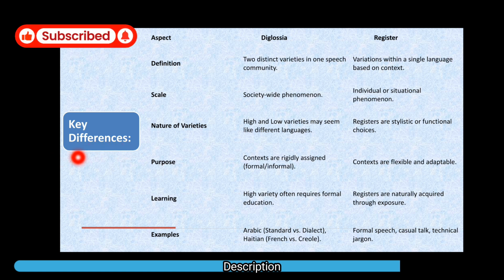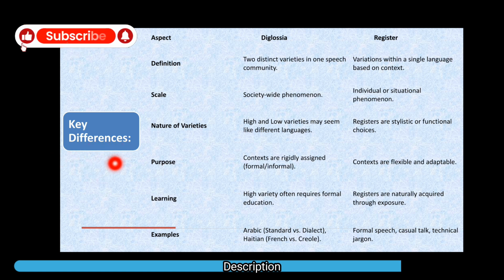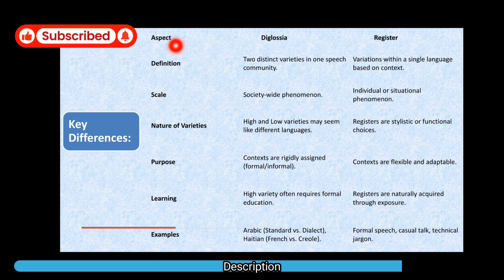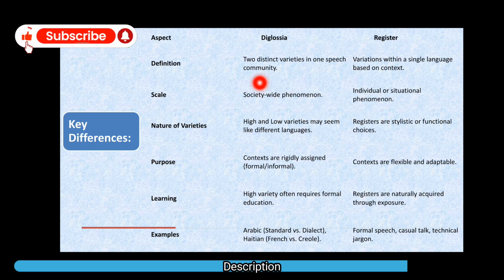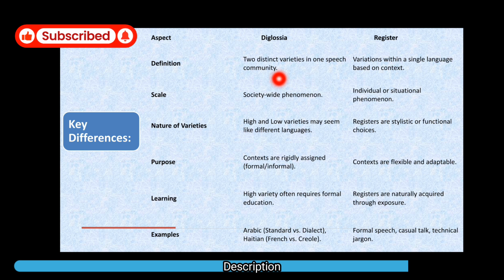Here we have some key differences between diglossia and register. Here we have the aspect, here we have diglossia, and here we have register. If we talk about definition, we define diglossia as two distinct varieties in one speech community, two distinct varieties of the same language.